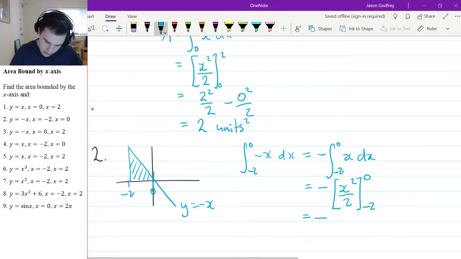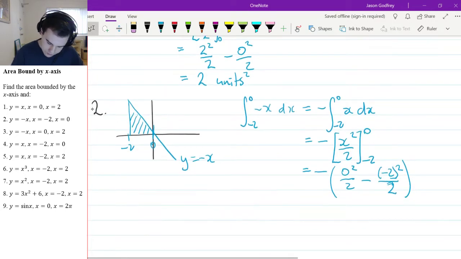So then we've got negative, and now we're going to sub in 0 squared on 2 minus negative 2 squared on 2. And this will be negative, 0 squared on 2 is 0, minus negative 2 all squared is 4, on 2 is 2. So negative 2 becomes positive 2.